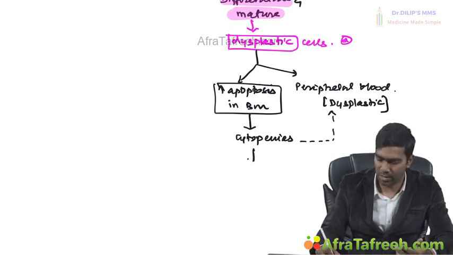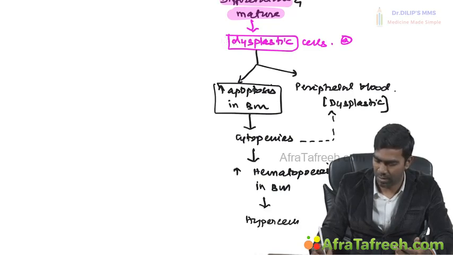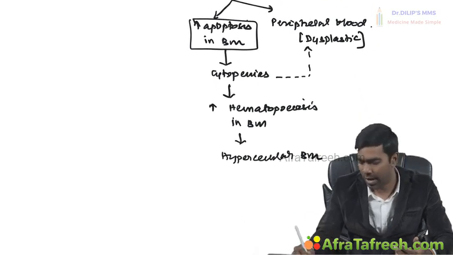These cytopenias obviously will trigger increased hematopoiesis in the bone marrow, which means the bone marrow will become a hypercellular marrow. So this is a paradox that is happening.